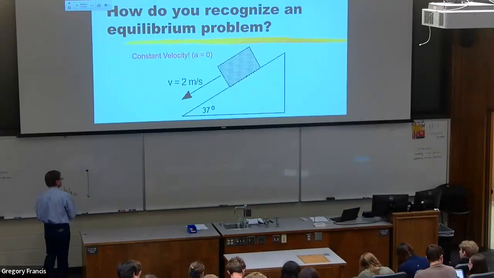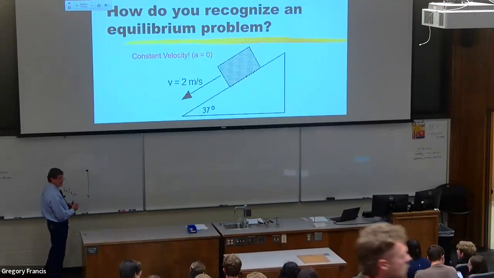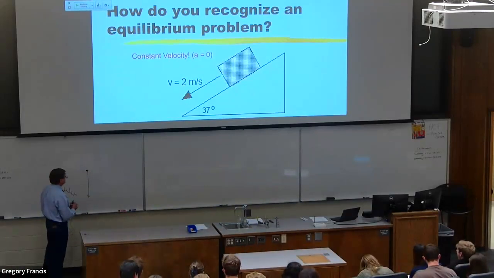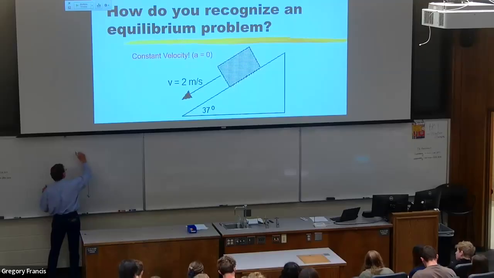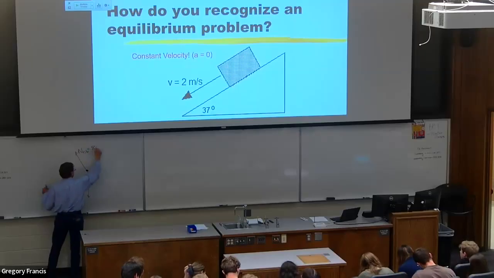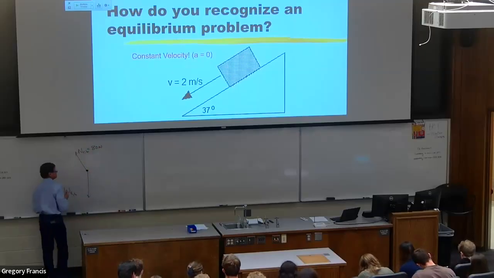So what touches the block? The ramp. Does it push or does it pull? Not a rope, not a chain, not a thread. It pushes, and whenever one thing pushes on another, there will always be a normal force by the ramp on the block, and that's going to be 80 newtons. That's given in the problem.